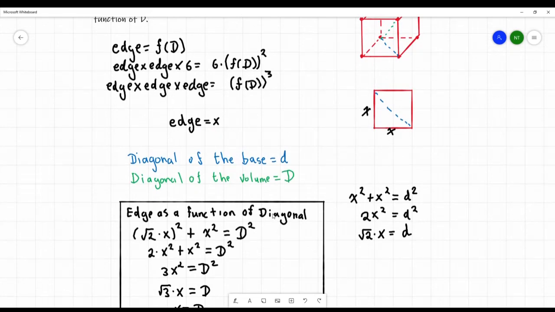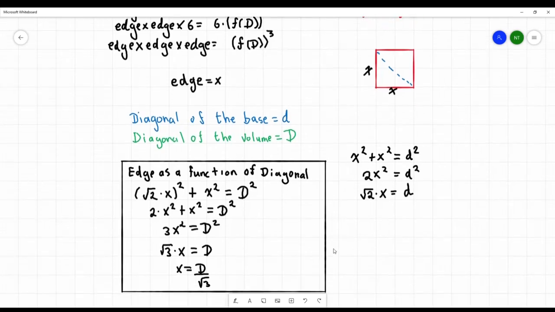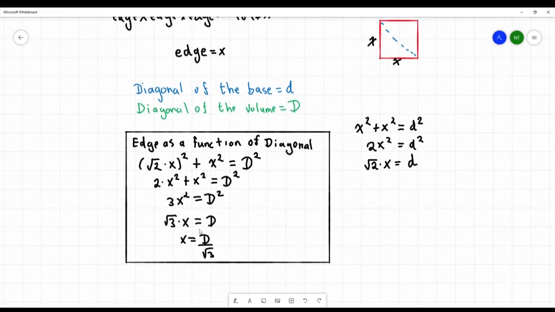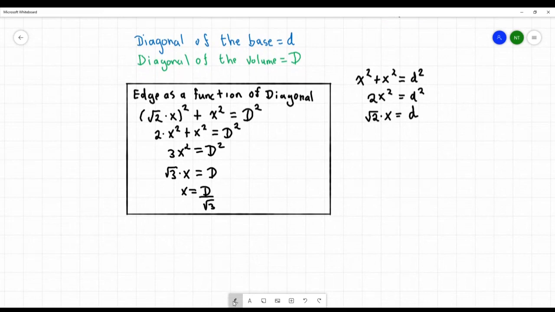So we know that the next is the surface area, right? So how do we find the surface area? Well, the surface area is just the edge squared times 6. So let's get our edge. So let's do it.